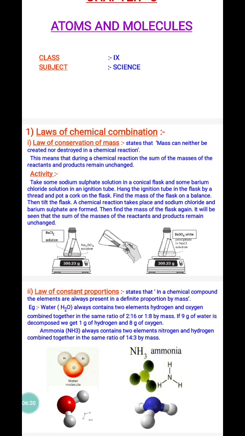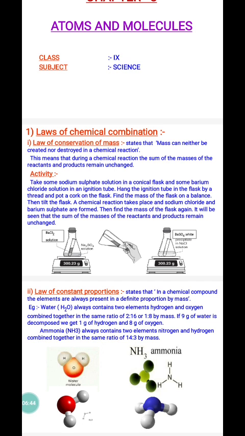I must balance the equation as 2H2 plus O2 equals 2H2O. I must always follow the ratio of 2 atoms of hydrogen to 1 atom of oxygen. The ratio is 2:1.